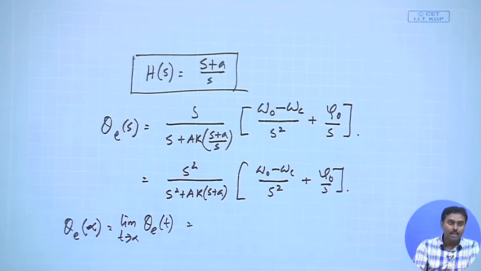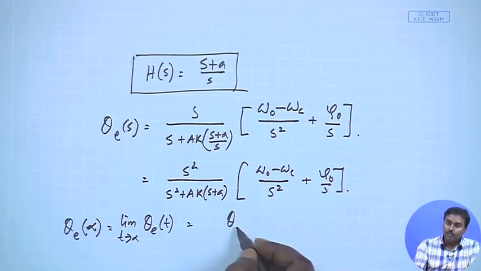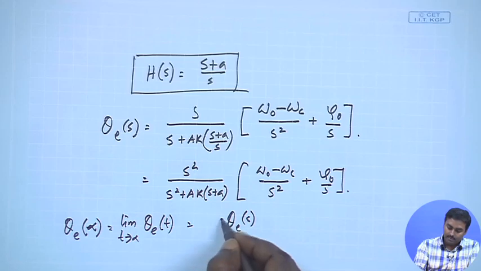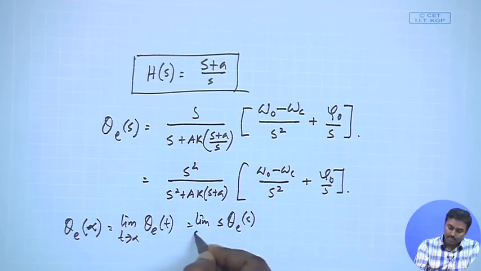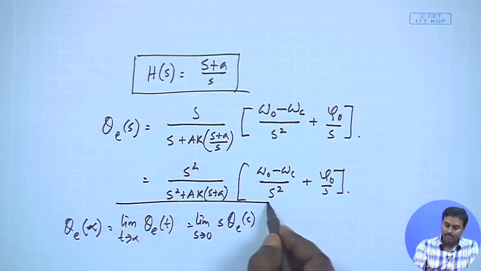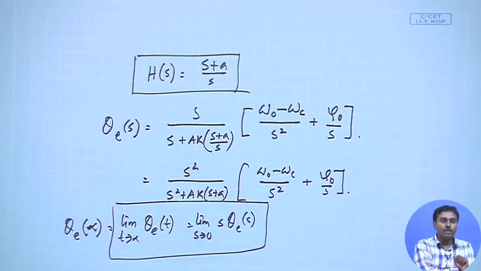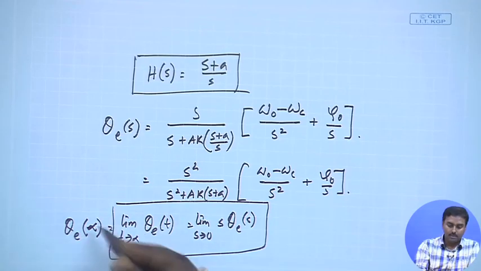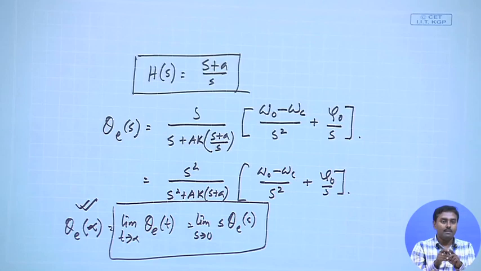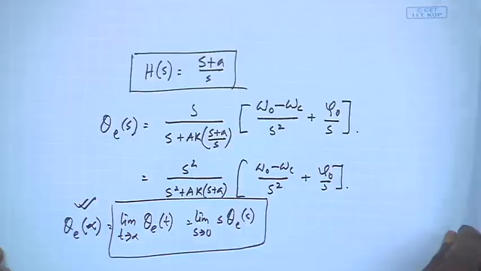The same thing is equivalent to, if I have the s domain representation, theta_e(s) multiplied by s, limit s tends to 0. That is the result of the final value theorem. We will be utilizing this. Our target is to evaluate, at time tends to infinity, what phase error remains. That should be my final phase error. So, let us try to evaluate this part.